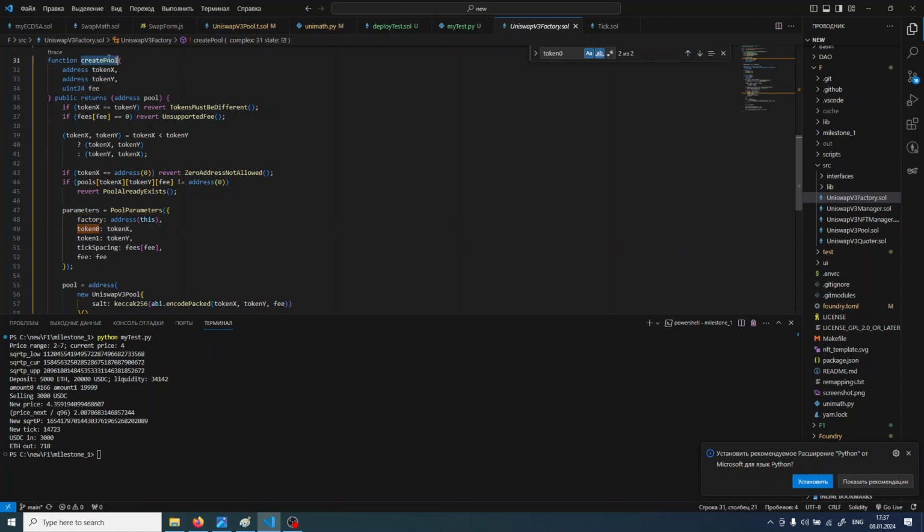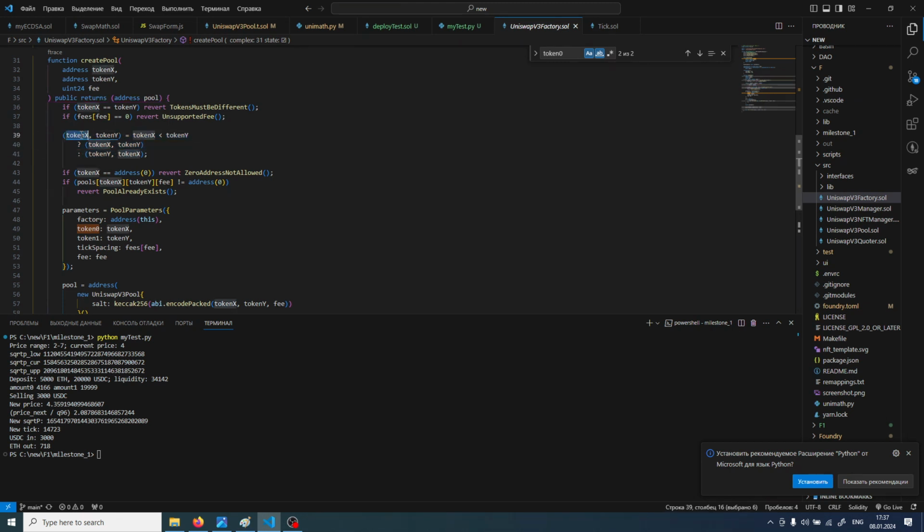Here, see, the function createPool, and we have some token X and some token Y, and here we see the comparison.